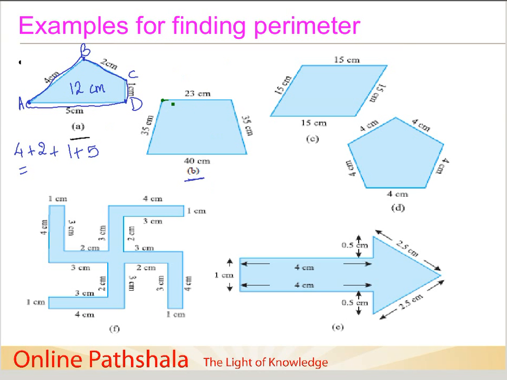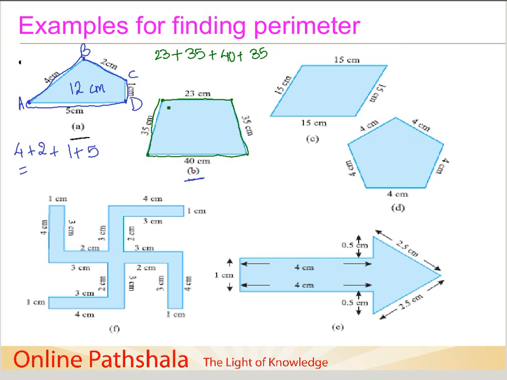Therefore we will take up this length here, which is 23. Then we take up the length of this segment, which is 35. Then we add the length of this segment downwards, which is 40, and then we again add the length of the remaining line segment, which is 35.